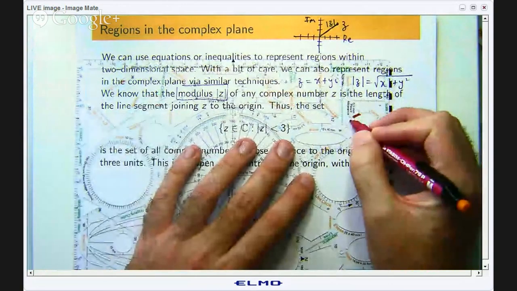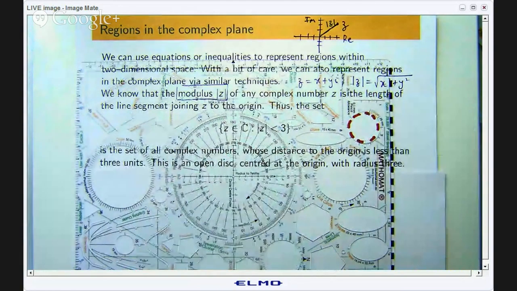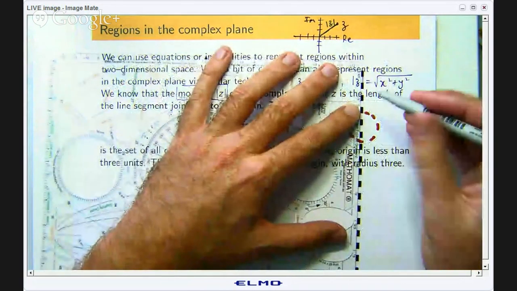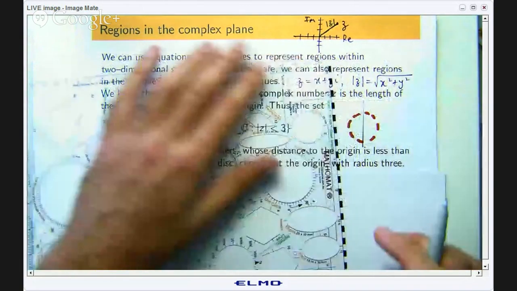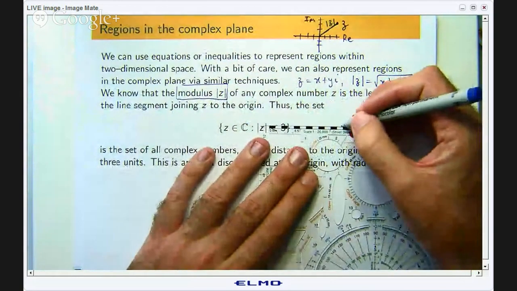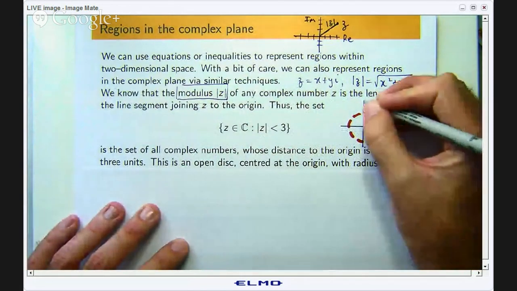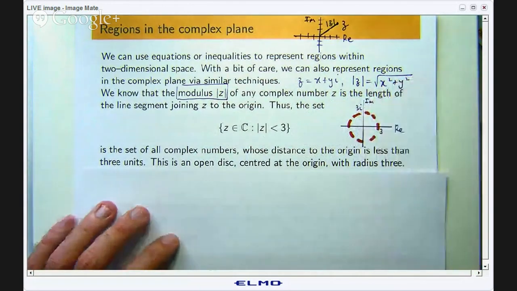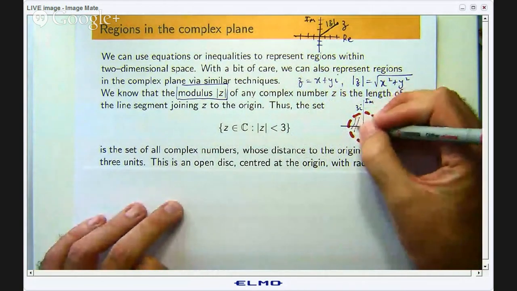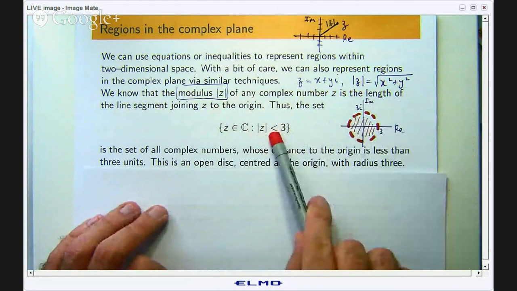So let me just sort of draw in a little disk. Okay, so this will be 3i, and the reason I've drawn a dotted edge is because we're not including the actual circle or the boundary of that disk, because you've got a less than.